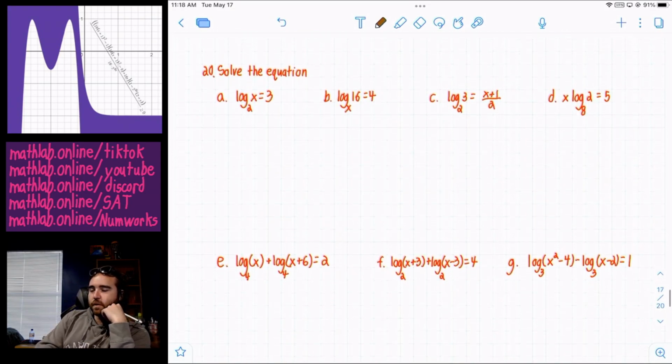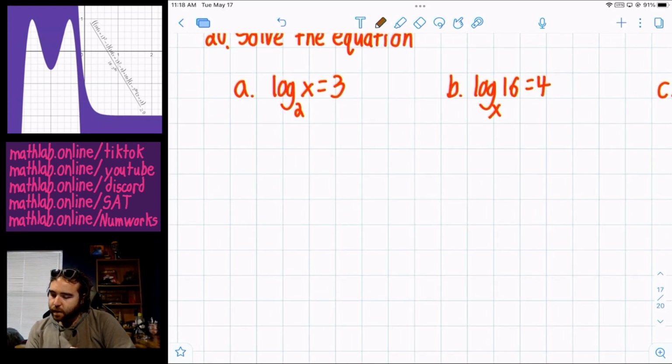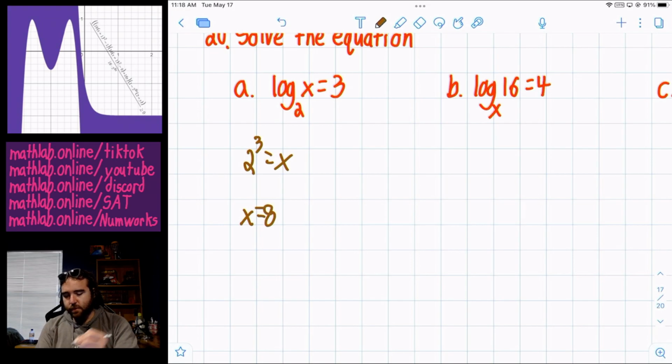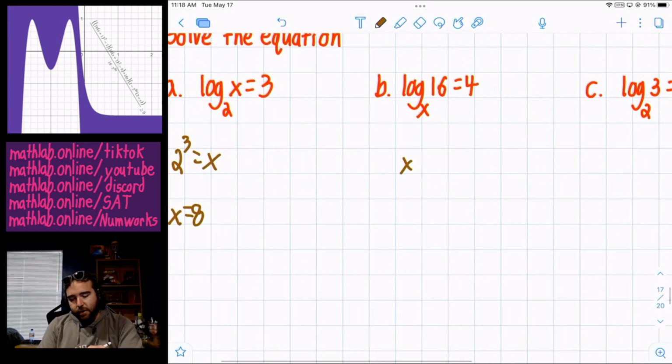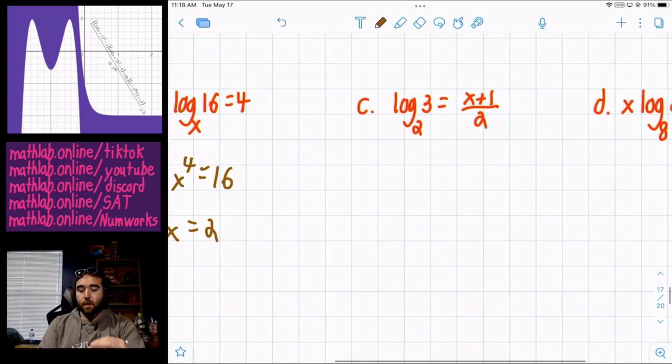All right, let's keep going. More solve the equation. This time it's in a logarithm, and we've got to go the other way. So 2 cubed equals x, so x equals 8. x to the 4th equals 16, so x equals 2. Whoa. Well, remember, log base 2 of 3 is just a number, so we're good with that.